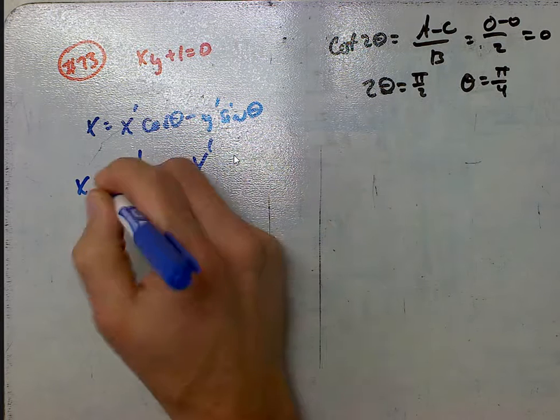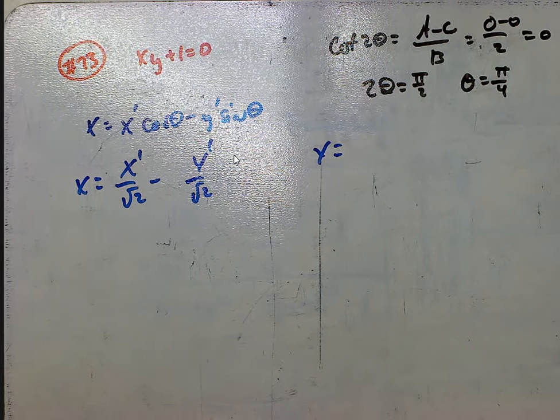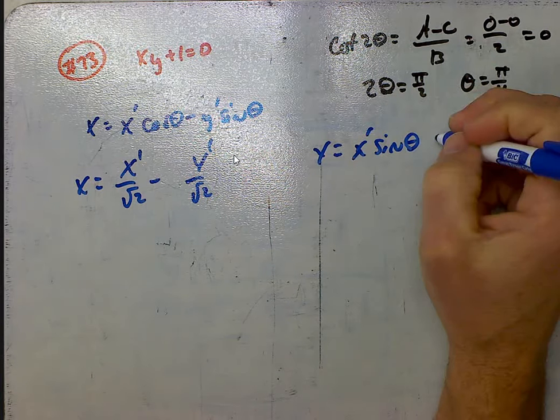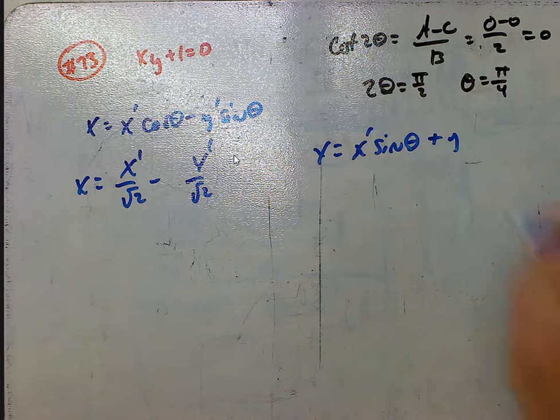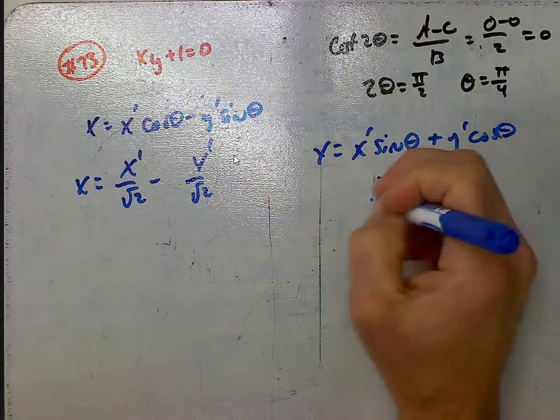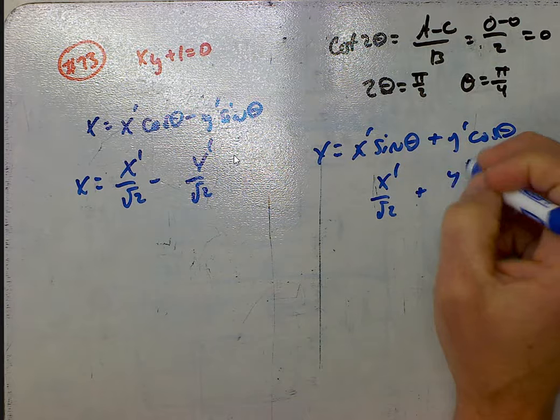So y is equal to x prime sine theta plus y prime cosine theta. Again, sine theta is 1 over square root 2, so that leaves me x prime over square root 2, and cosine is going to be y prime over square root 2 for the y.